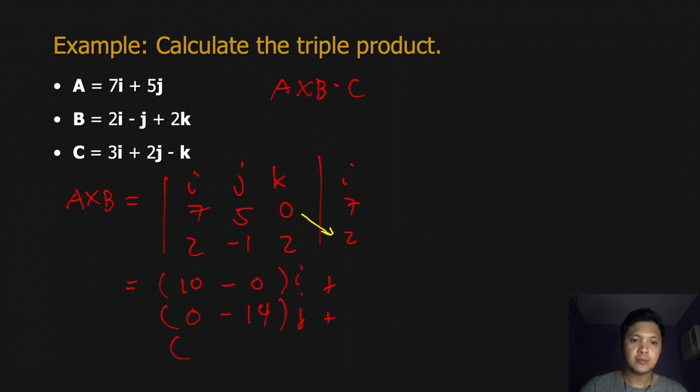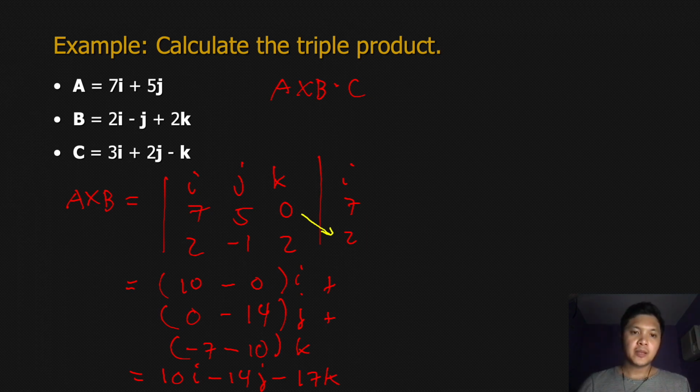Plus, okay, k. So for k, let's disregard this. So 7 and negative 1 is negative 7 minus 10. So therefore, our final equation for this is 10i minus 14j minus 17k.